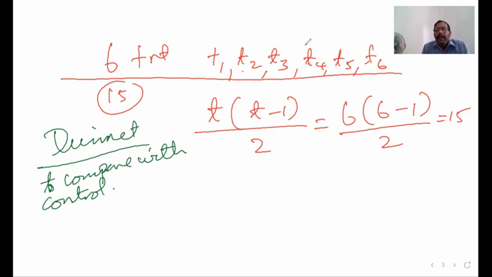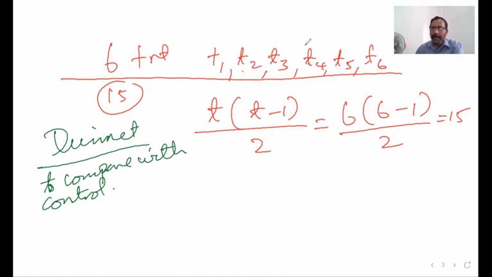So I will give you what is control. Somebody said control. Who said control? Arosha. Is that Arosha? Yes, sir. No treatment, right? Right.